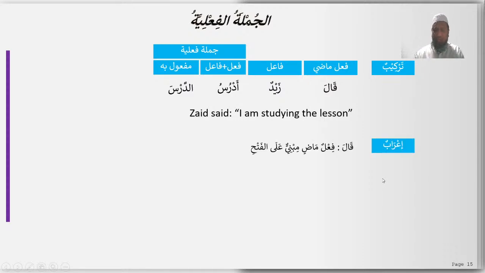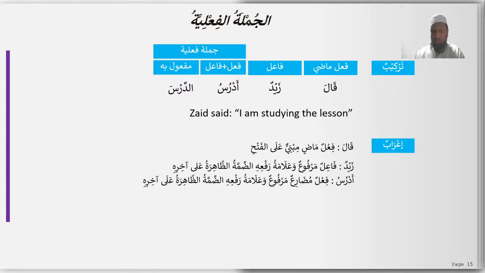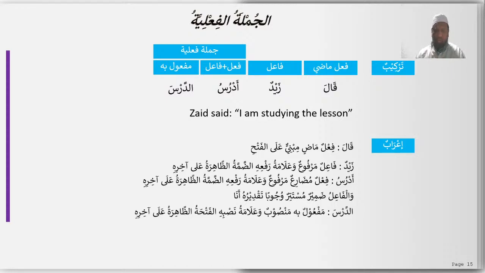إعراب قال فعل ماض مبني على الفتح زيد فاعل مرفوع وعلامة رفع الضمة الظاهرة على آخره أدرس فعل مضارع مرفوع وعلامة رفع الضمة الظاهرة على آخره والفاعل ضمير مستتر وجوبا تقديره أنا. الدرس مفعول به منصوب وعلامة نصب الفتحة الظاهرة على آخره.